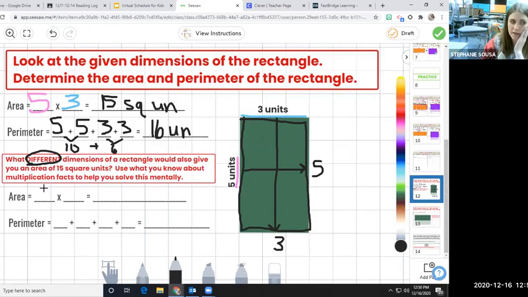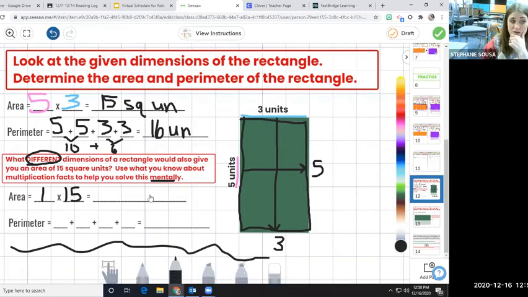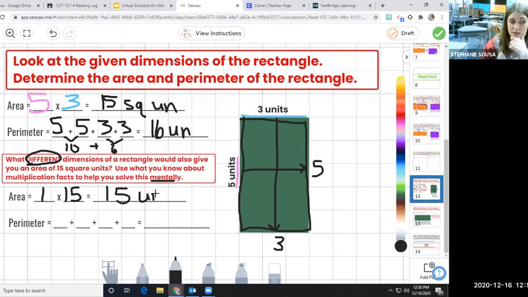What about 1? 1 times 15 would in fact equal 15. And I can use that because this time it said mentally, I don't have to make it fit down here in the squares. So 1 times 15 is going to give me an area of 15 square units. I'm writing, you're writing.